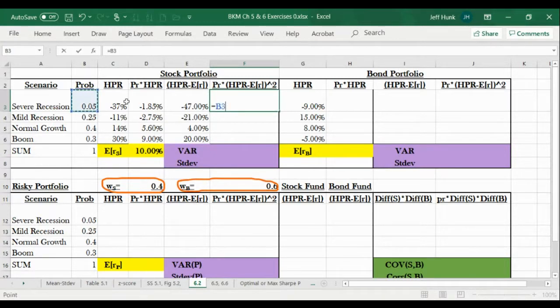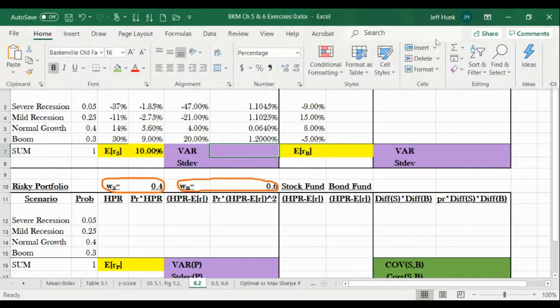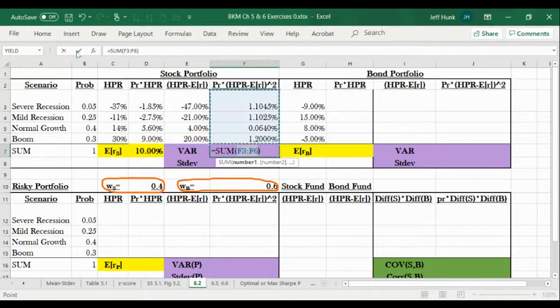To find variance, it's probability times the difference term squared. Okay. All right, then find the sum, using auto sum, and the standard deviation is the square root, SQRT, of this.